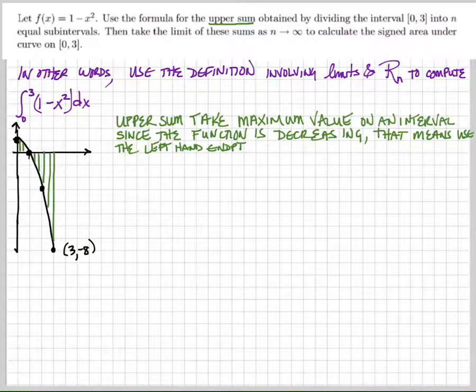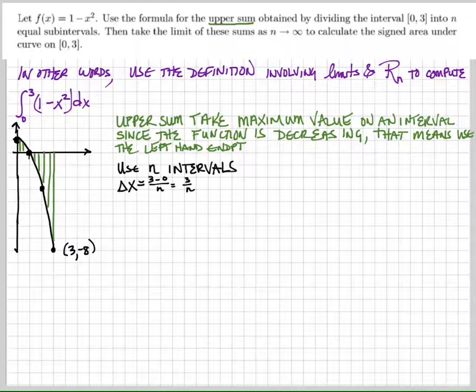What the upper sum means is on a particular interval, we want to use the maximum output value as the height of our rectangle. Because this particular function happens to be decreasing, it will be true that the maximum value will always occur at the left-hand endpoint.